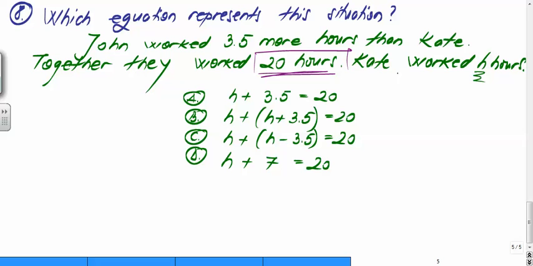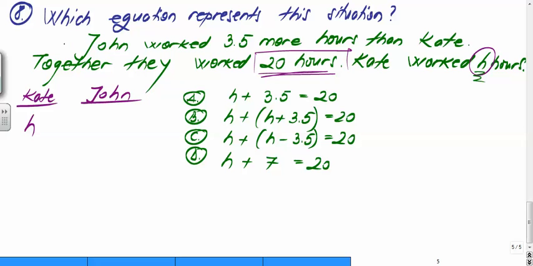What else is given to me? Kate worked h hours. So I definitely know that my Kate here has worked h hours. The question is, can you find how many hours did John work?